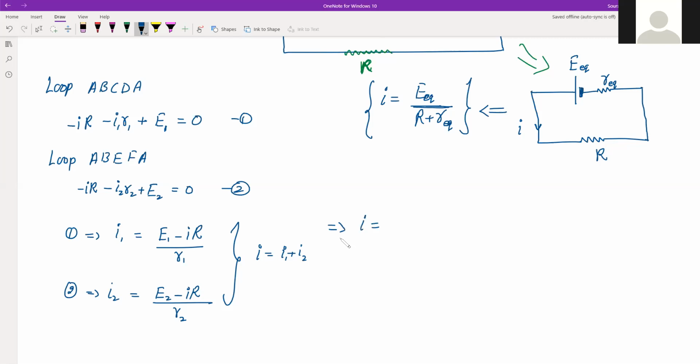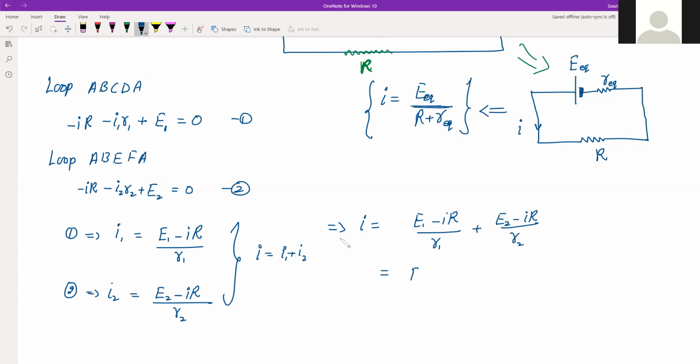So now we just have to add these and find I. I is equal to (E1 minus IR) divided by R1, plus (E2 minus IR) divided by R2. Now simplify this.